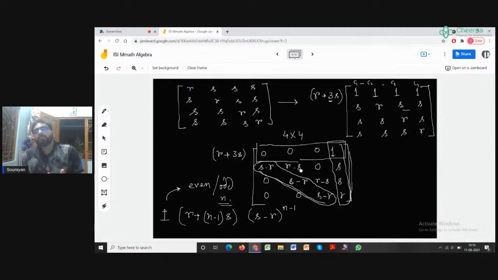Okay, so this is how you can do it. This problem did not require too much of the modern linear algebraic methods that we know as of now.